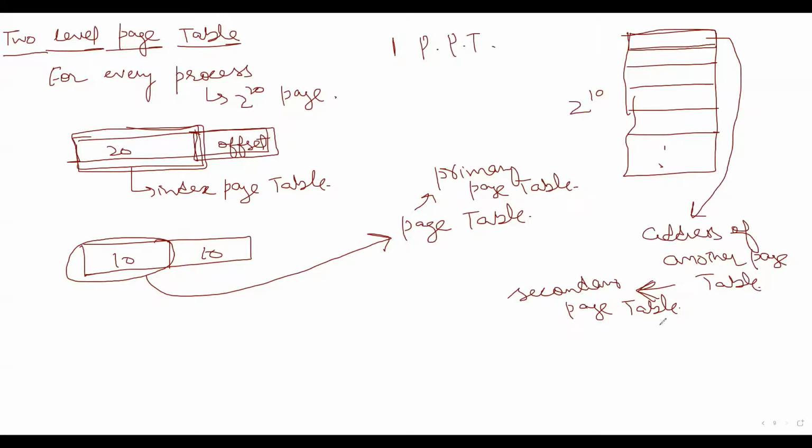And how many secondary page tables are possible? 2 raised power 10 secondary page tables, because this entry points to some page table, this one points to some other, and this points to some other page table. Now let's see how we are decreasing the size. So this is our primary page table.